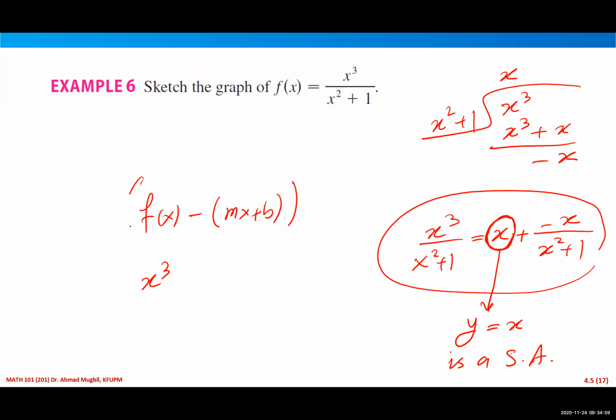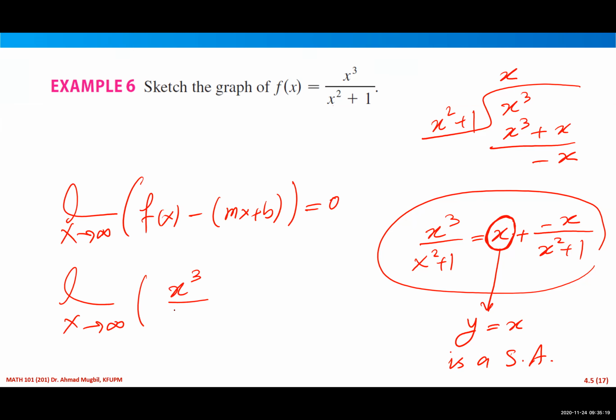If the limit when x goes to infinity or negative infinity is 0, then it is really a slant asymptote. Let's take it when x goes to infinity. So what is my function? My function is x cubed over x squared plus 1 minus, what is my slant asymptote?